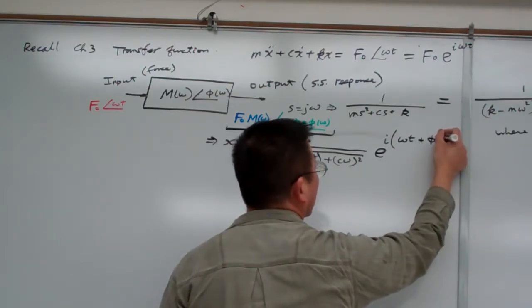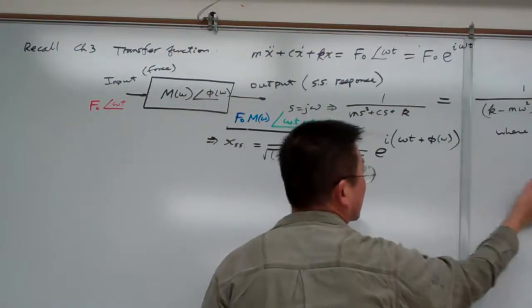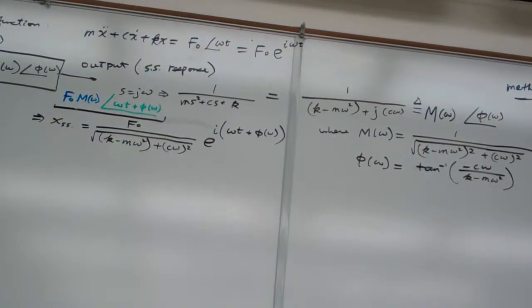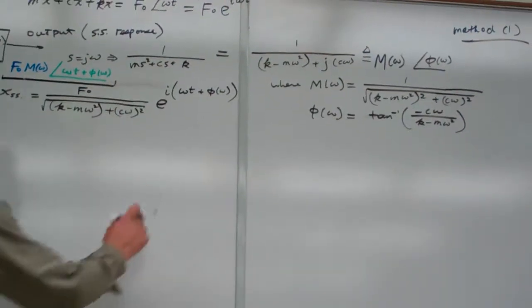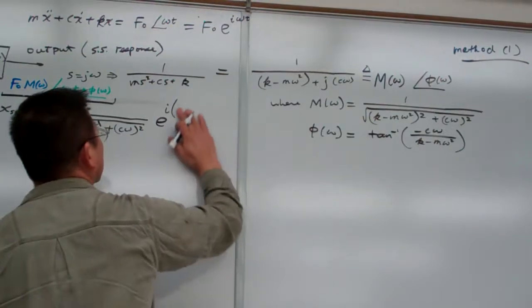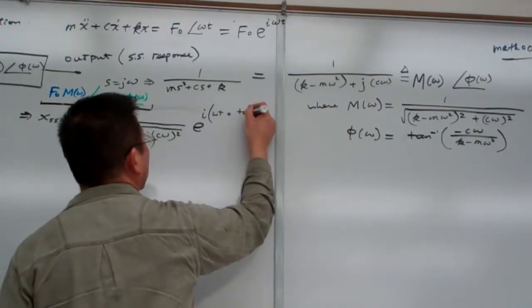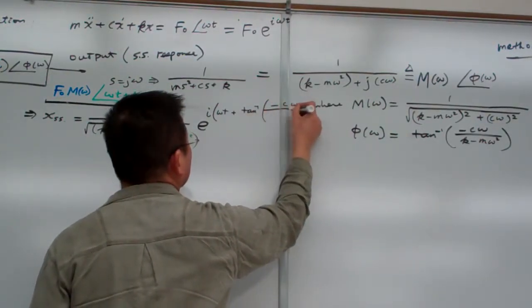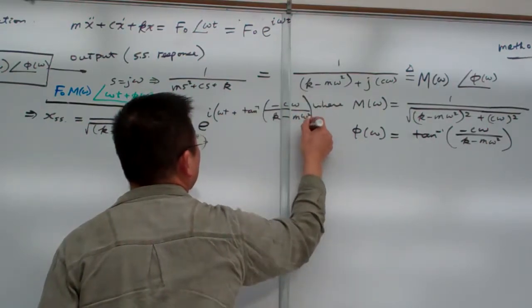So here, let me keep this one, so phi equals this one, okay? Let me implement this one in detail. Omega t plus arctangent of minus c omega divided by k minus m omega squared.